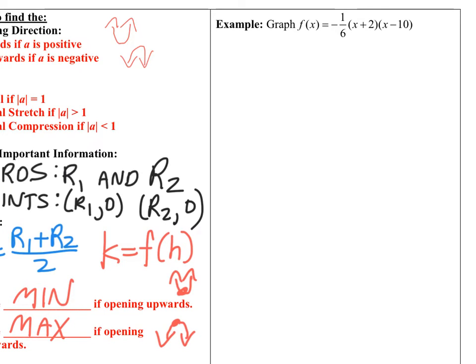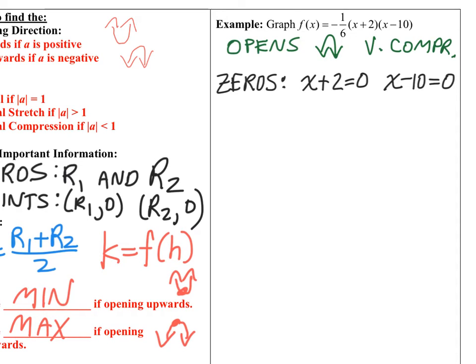So let's do an example. We're going to graph the function f of x equals negative 1/6 times quantity x plus 2 times quantity x minus 10. I notice because of the a value of negative 1/6, this parabola is going to open upside down, and it's going to be vertically compressed by a factor of 1/6.